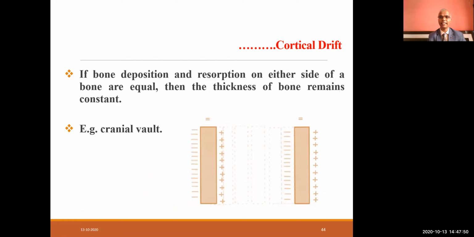If bone deposition and resorption on either side of a bone are equal, then the thickness of bone remains constant, like the cranial bone. Here the pace of bone resorption as well as deposition is the same, so the thickness is maintained from the initial to the final stage.